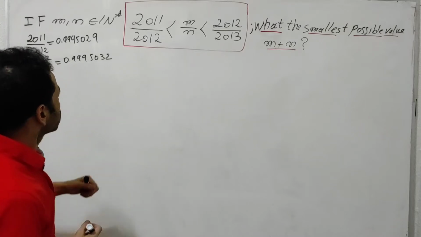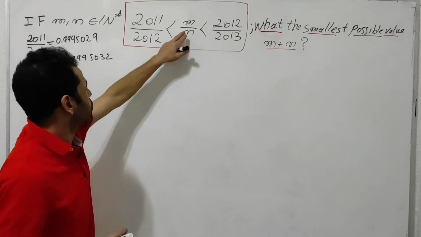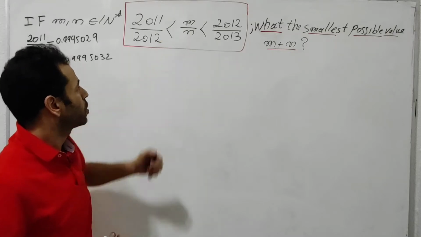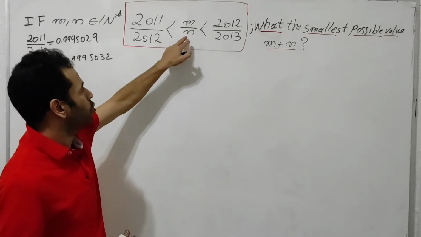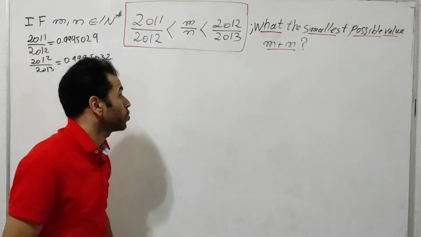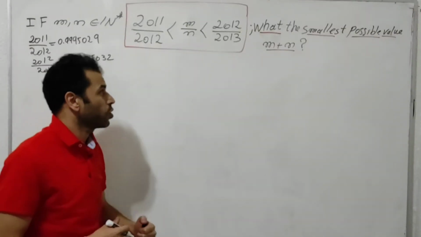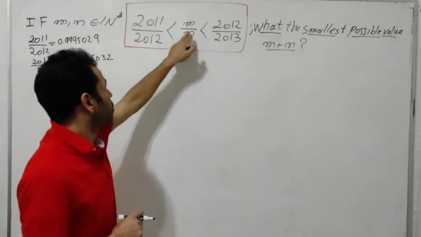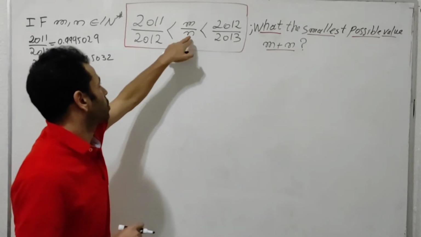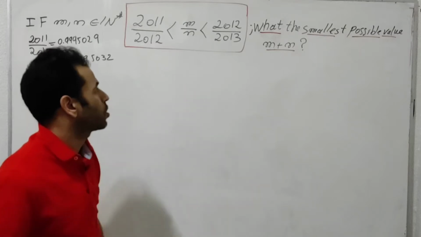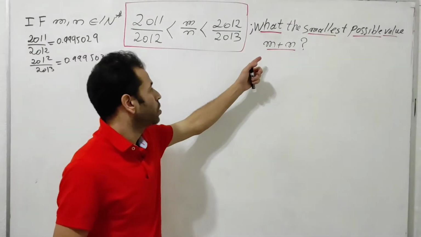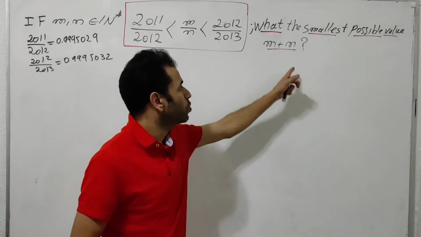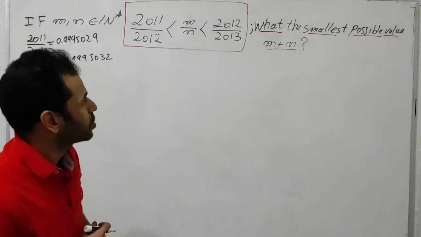Okay, I'm going to transfer the inequality into equality. We are going to find some conditions which can transform this quotient into another form, so we can zoom in and find the minimum value that m plus n can take.